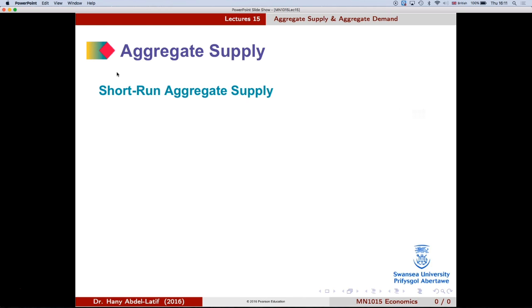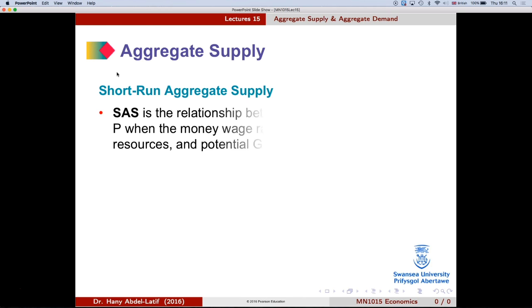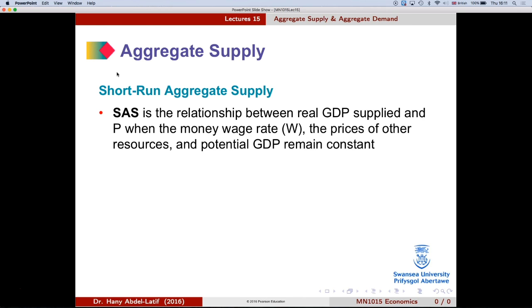So what about the short run? In the short run, aggregate supply is the relationship between real GDP supplied and the price level when the money wage rate, remember this now, this is very important, the money wage rate and the prices of other resources and potential GDP remain constant.